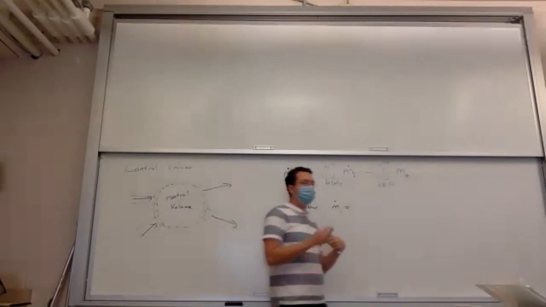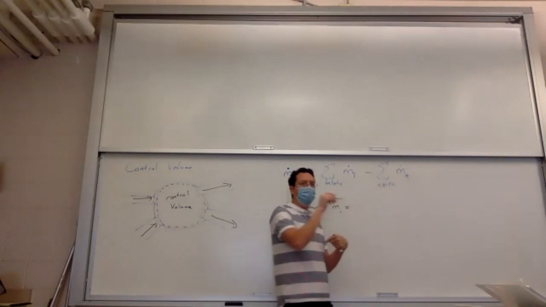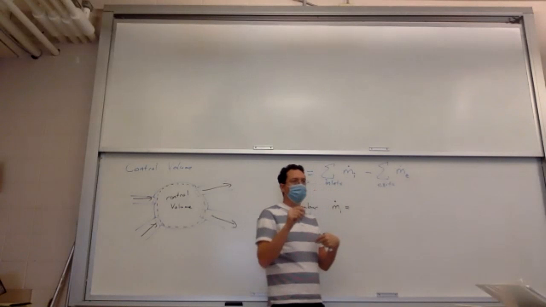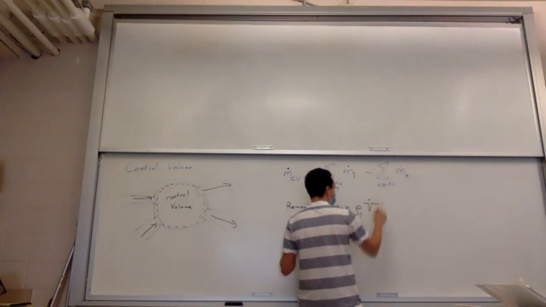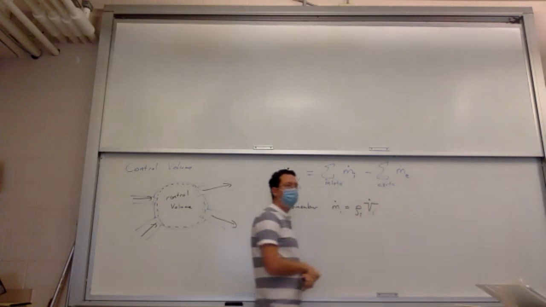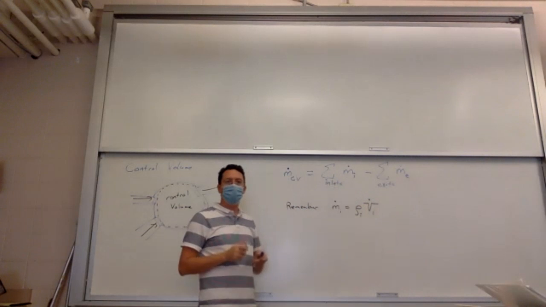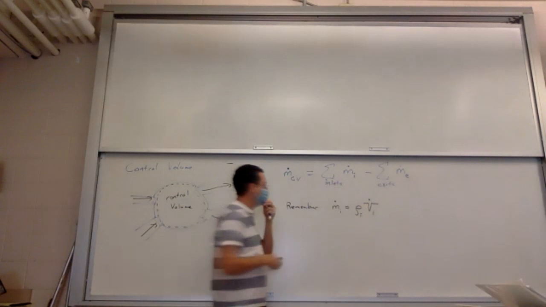We wrote that as a density times a volume per unit time. So we wrote that as density at the inlet times the volume at the inlet. That's what we had going back to Bernoulli's equation. Okay?